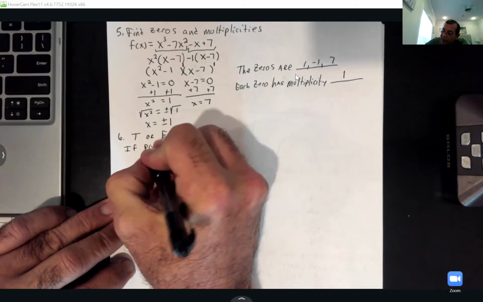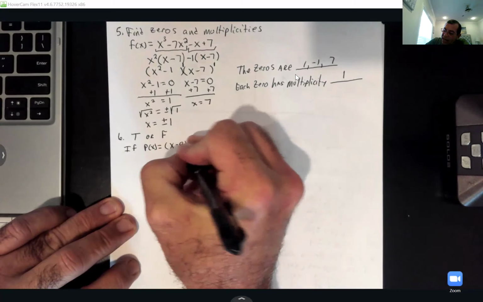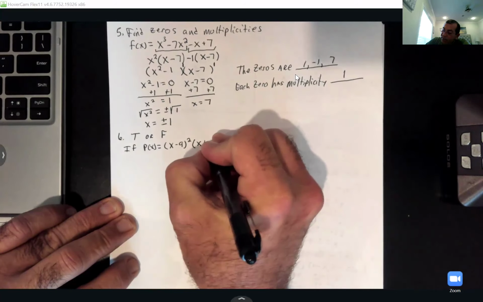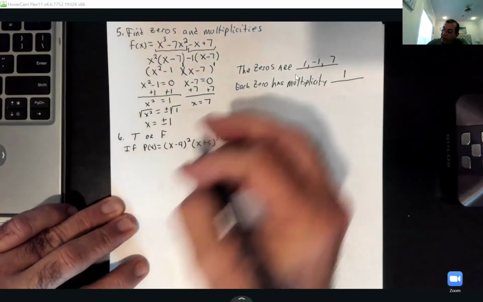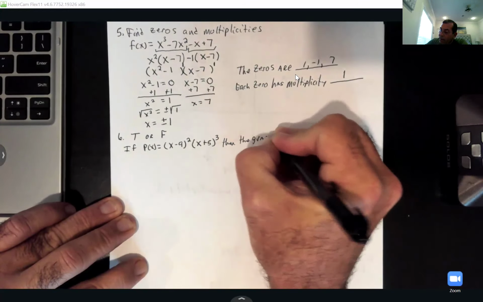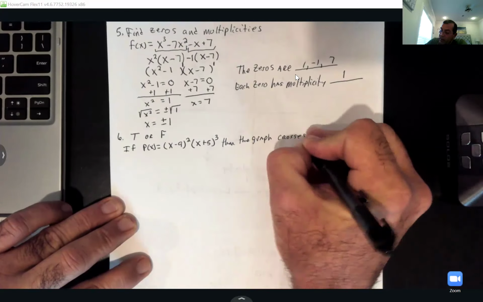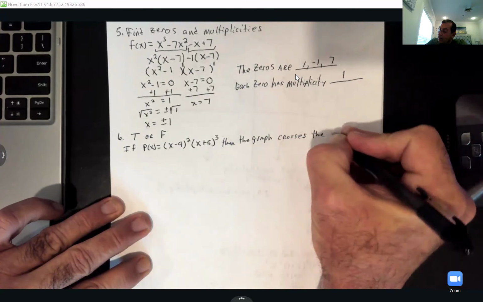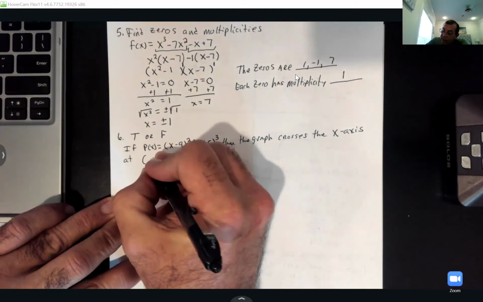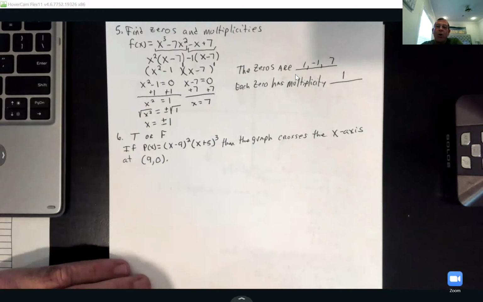If P of x equals (x minus 9) squared times (x plus 5) to the third, then the graph crosses the x-axis at the point 9, 0. So we just want to know if that's true or false.